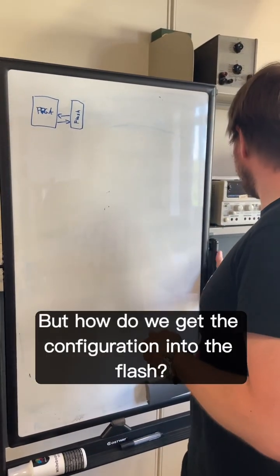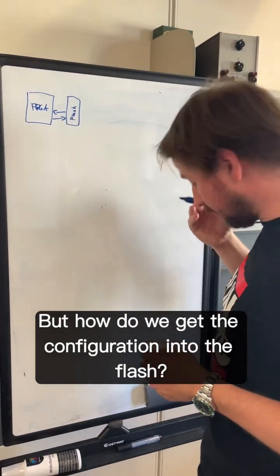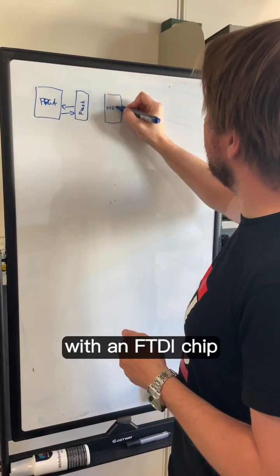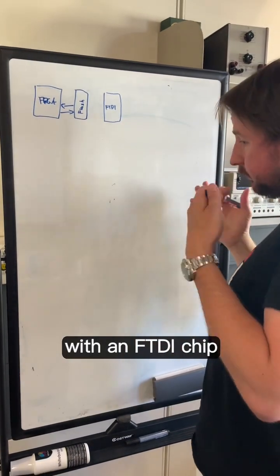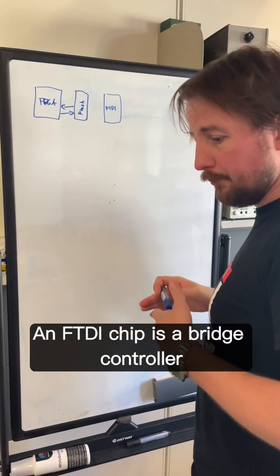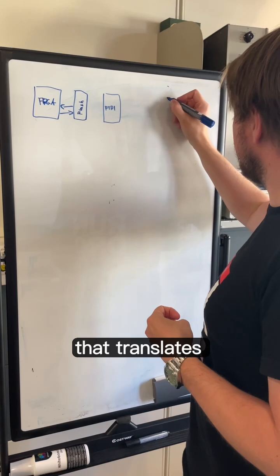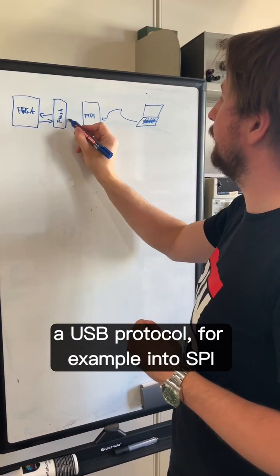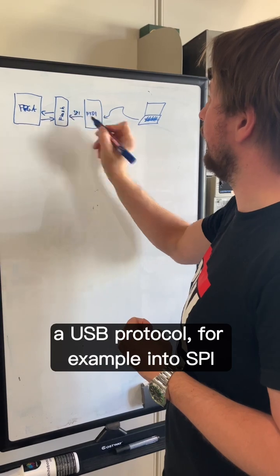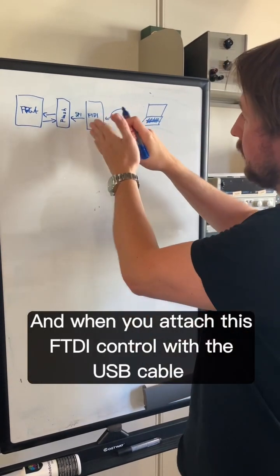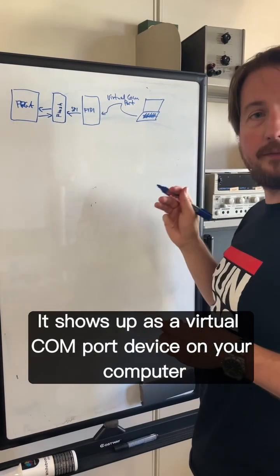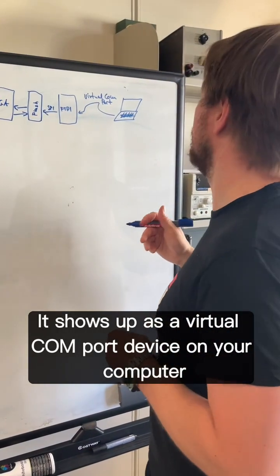Well, but how do we get the configuration into the flash? That is something that we can do, for example, with an FTDI chip. An FTDI chip is a bridge controller that translates a USB protocol, for example, into SPI. When you attach this FTDI controller with the USB cable, it shows up as a virtual COM port device on your computer.